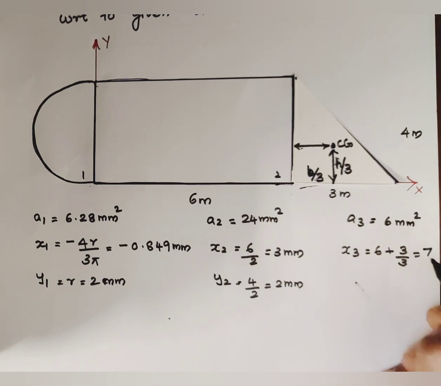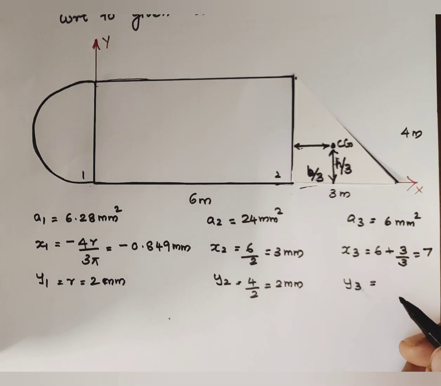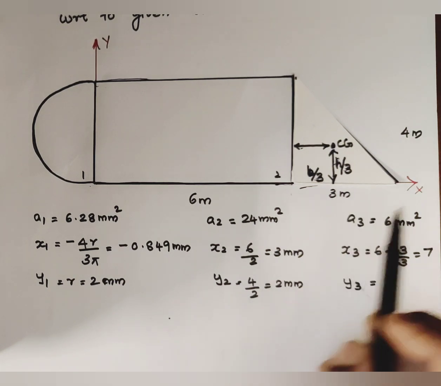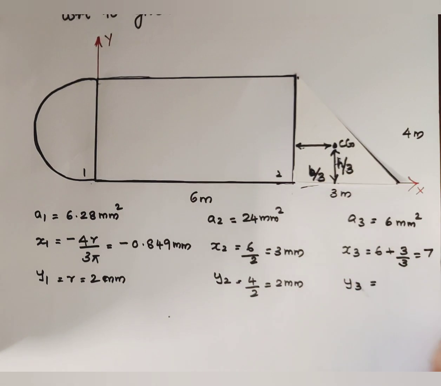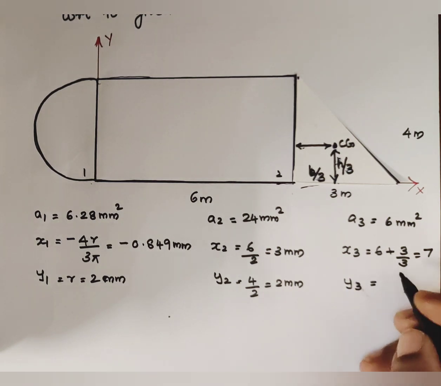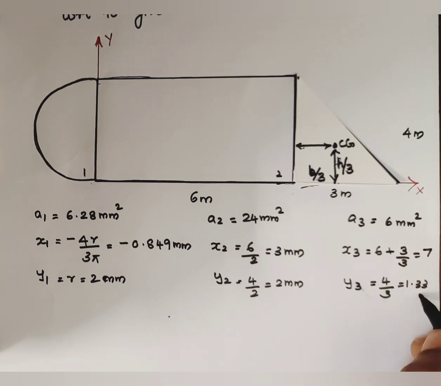That is equal to 7. So now y3 is equal to this length, that is h by 3, same as the previous case, 4 by 3, that is 1.33 millimeter.